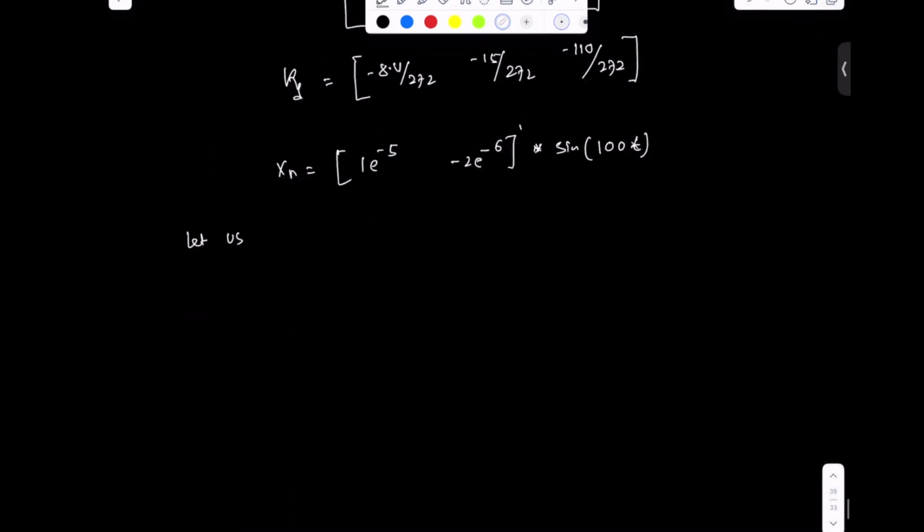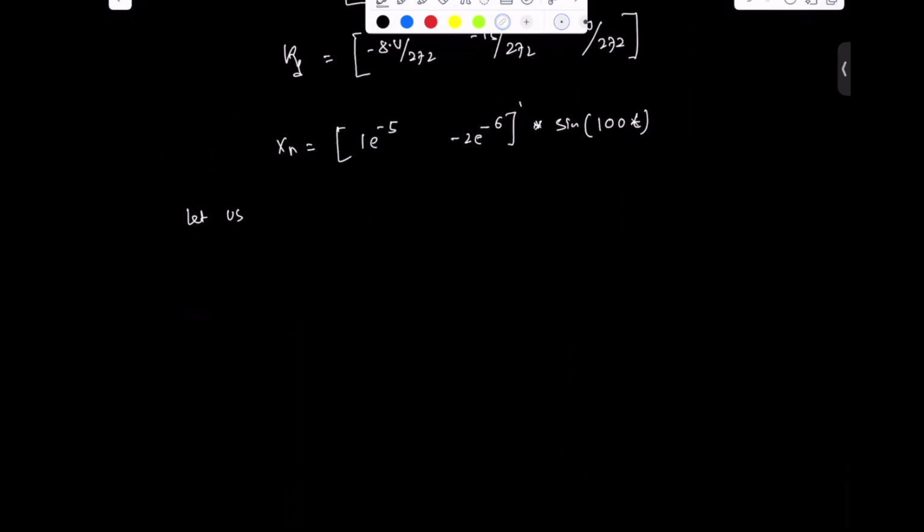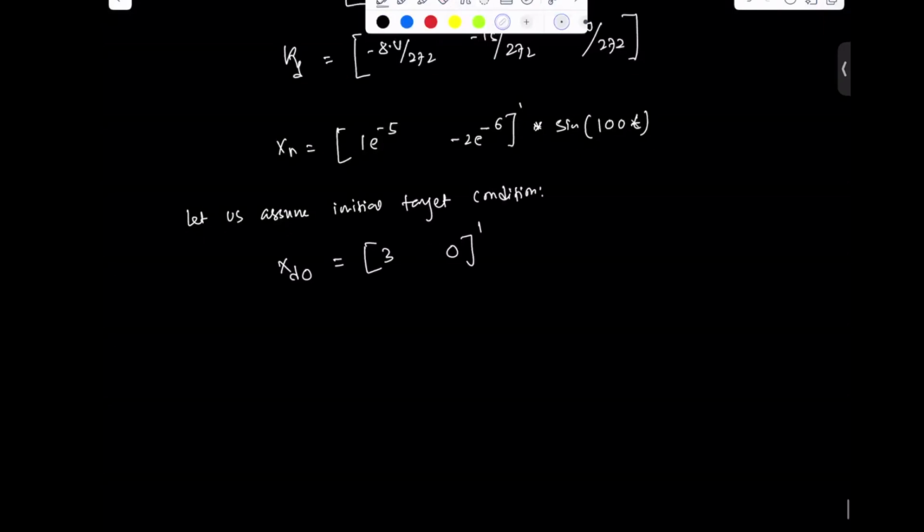So let us assume the initial reference signal target condition. We can write XD naught equal to 300. This is what we are assuming as the target condition. Okay.